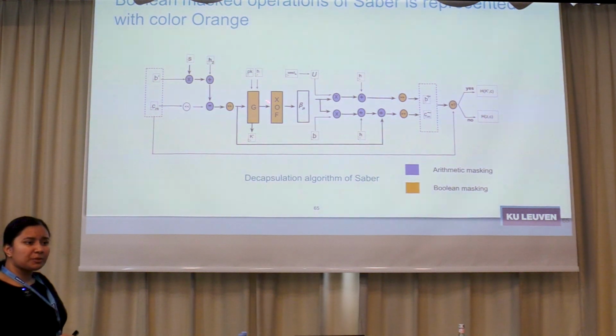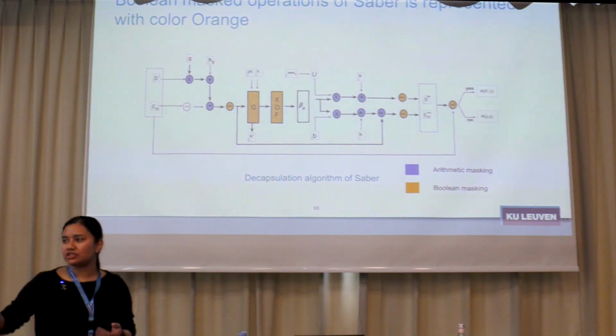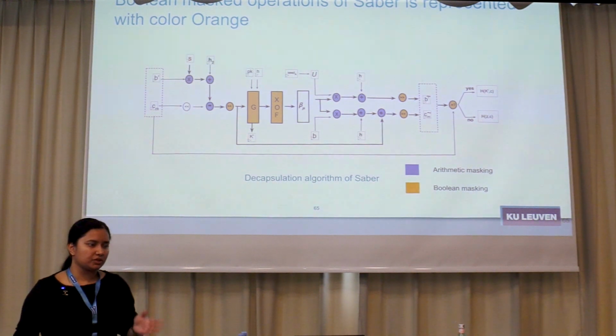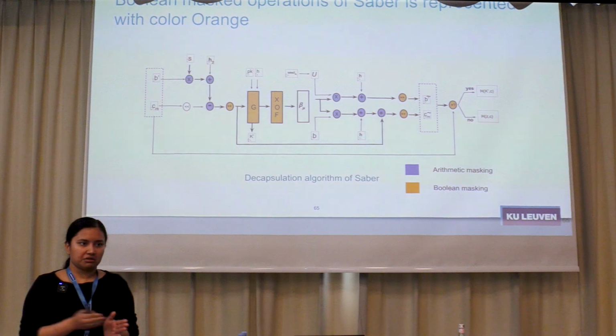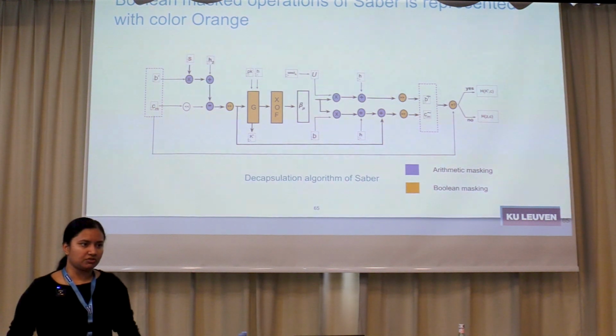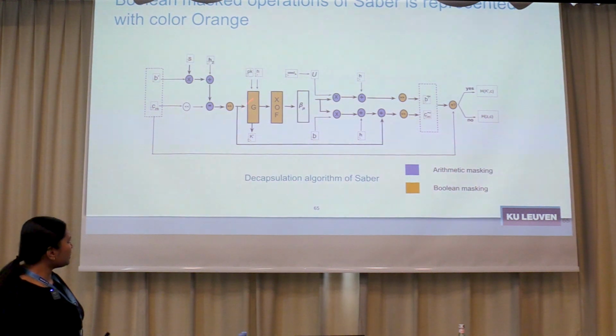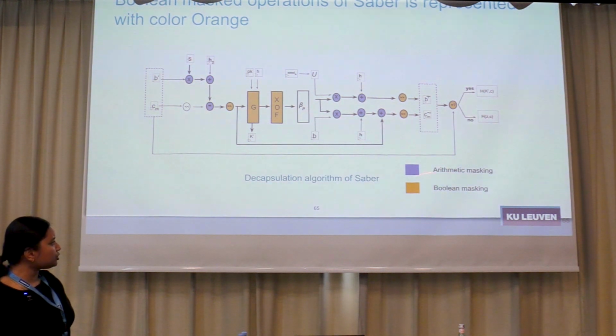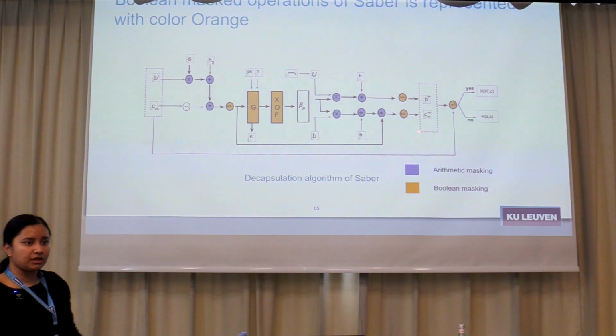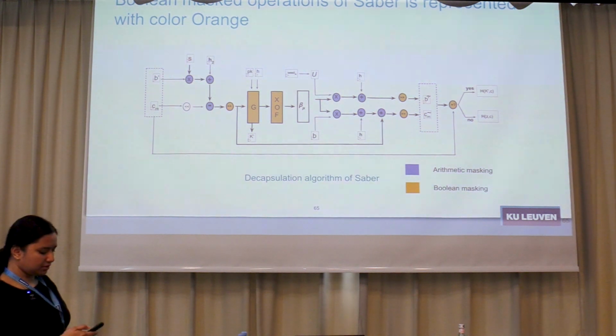Also, for shift operations, it is always cheaper to use Boolean masking, because you just have to shift all the bits except the bit you want, right? So that's cheaper. Here I have used orange to denote Boolean masking and blue to denote arithmetic masking throughout the algorithm.